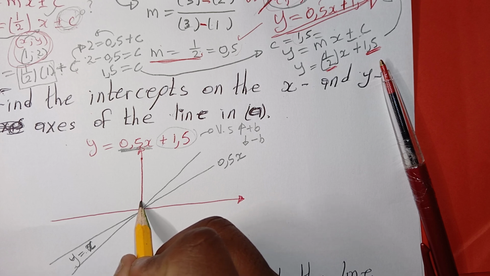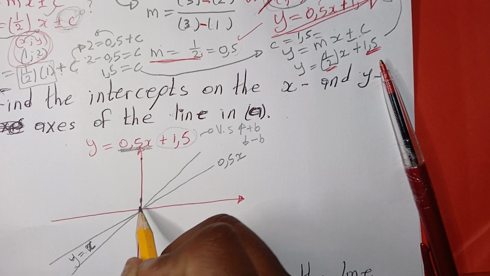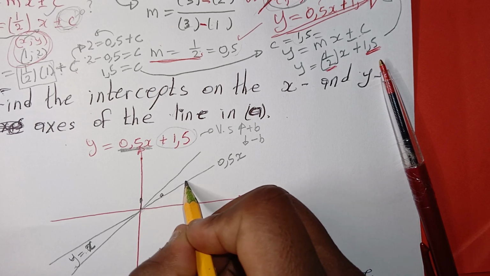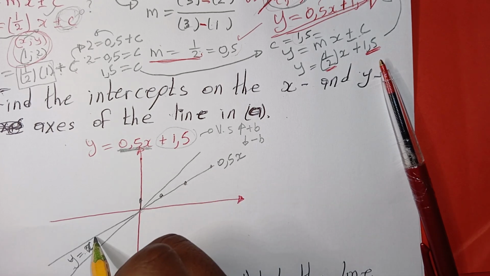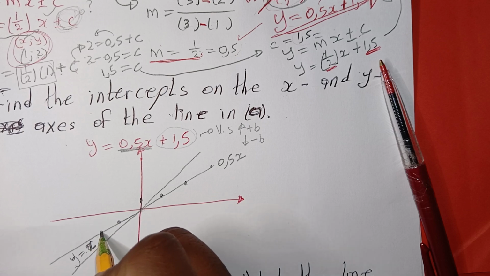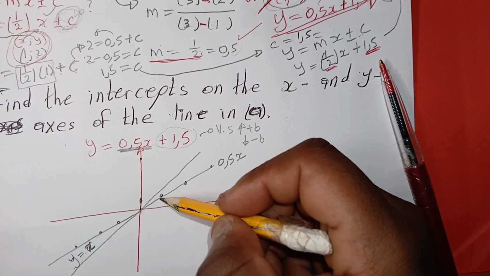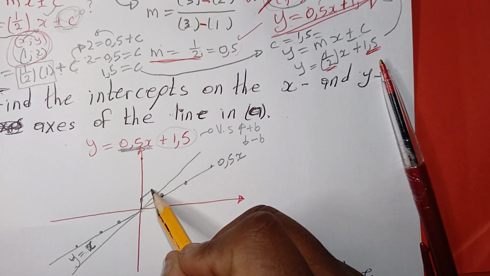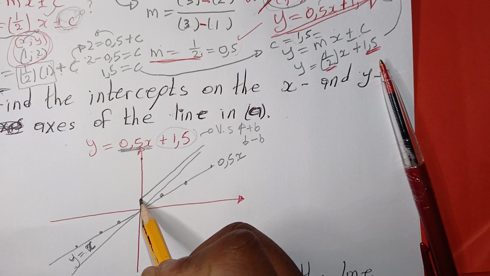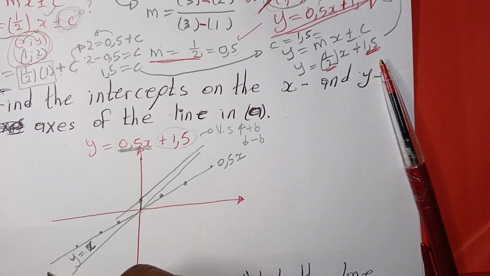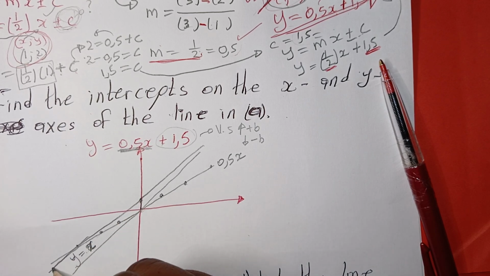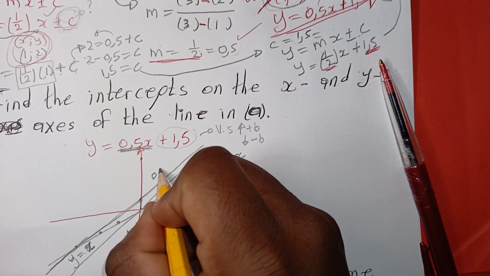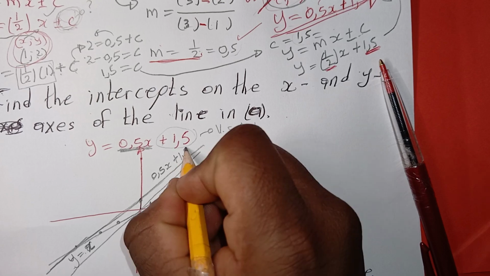So this point would be here, and the other points, when shifted upward, will become something like this. Yeah, do you see? And now here it's 0.5x plus 1.5.